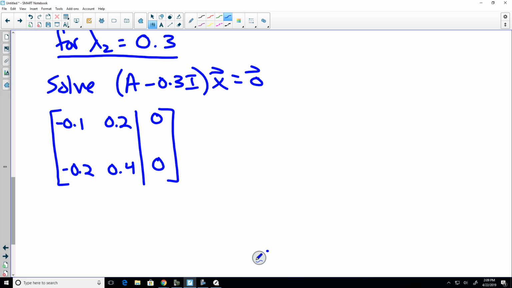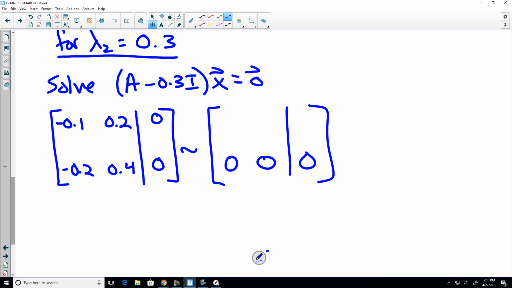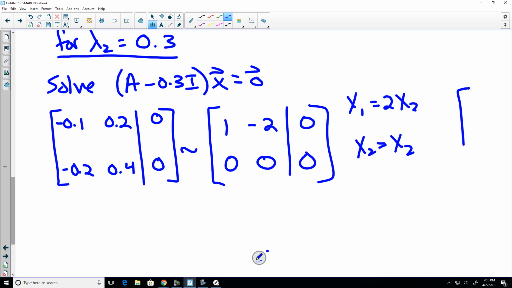Are the two rows multiples? Yep. So if we multiply the first row by -2 and add to the second, we get a row of zeros. Multiply the first row by -10. We get that. So we get x1 is 2x2. x2 is free, so we get another eigenvector 2, 1 instead of 1, 2.